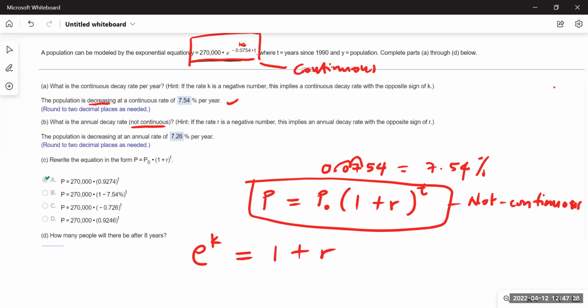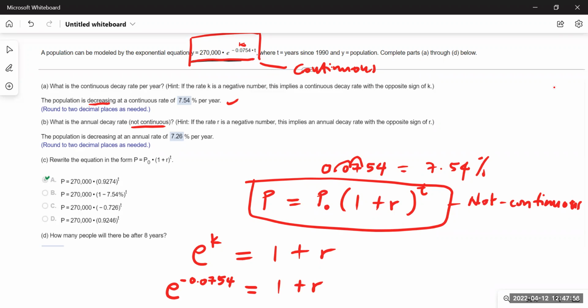So our k has been given already. So we're going to do e exponent negative 0.0754 is equal to 1 plus R. What do you get? In that video, I showed you how you can use your calculator to do that.